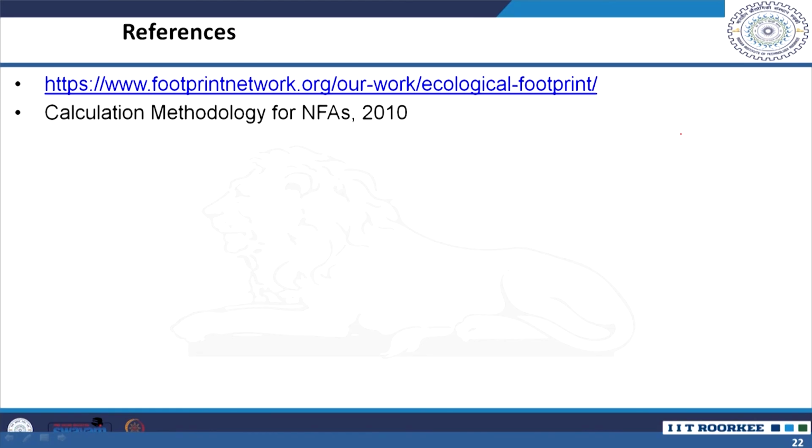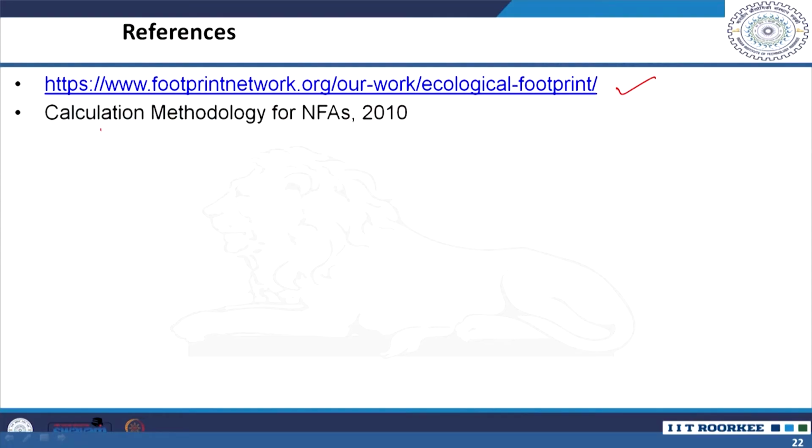For further clarification you may follow this reference. This is the original web page of the NGO Global Footprint Network, which has prepared the ecological footprint data since 2003. You can also follow the calculation methodology of the National Footprint Accounts 2010.